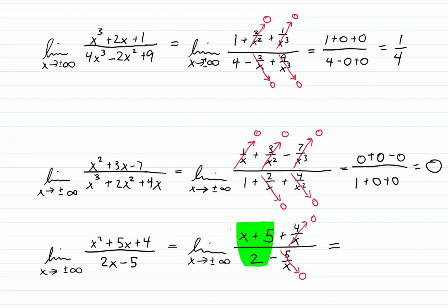Which one it is will depend upon whether x is going to positive infinity or negative infinity. So for this particular time, I'm not going to put them both together. Let's erase that plus minus sign. Let's just do x goes to positive infinity. Then x plus 5 over 2 will go to positive infinity, correct?